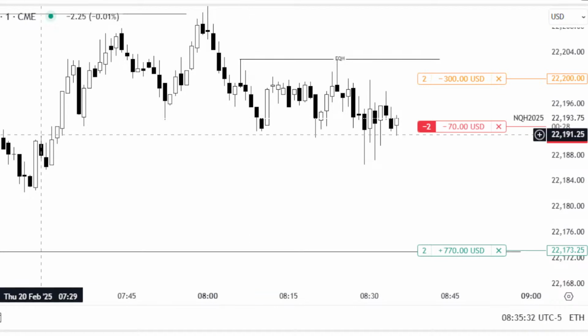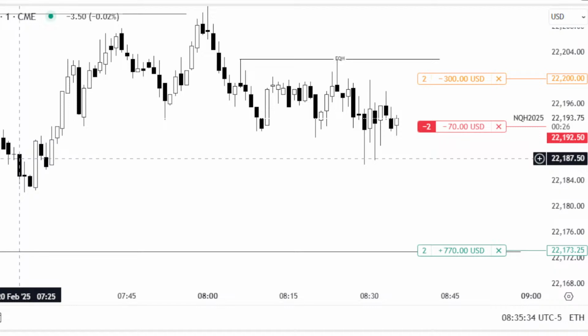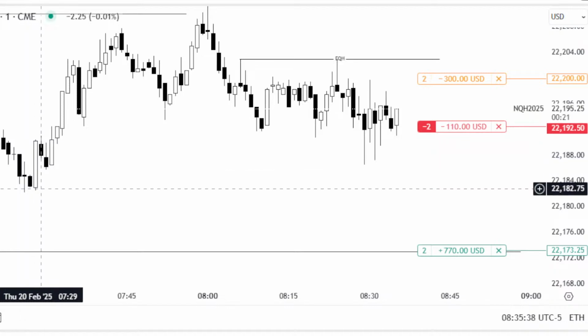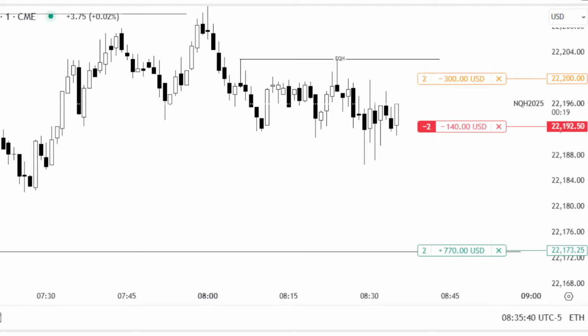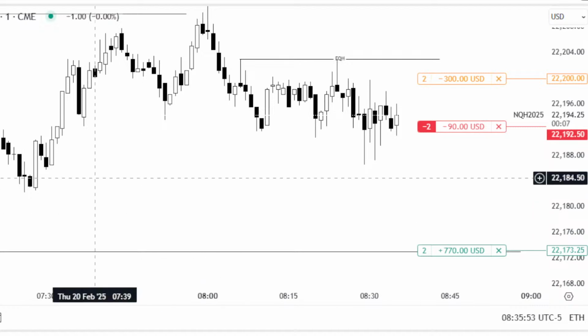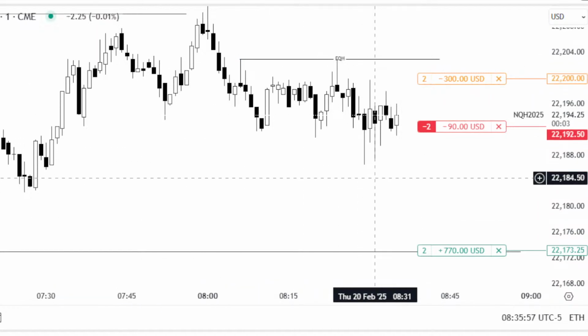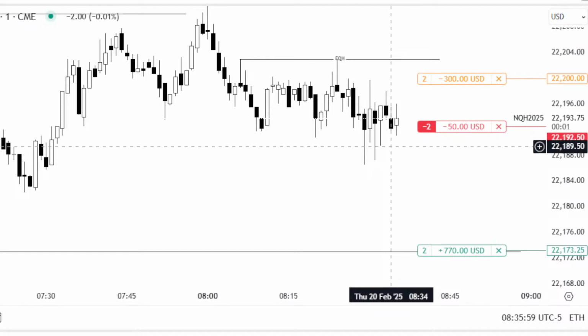Let's see if there's anything on this side. We see lower highs forming here, but we'll see higher lows here.